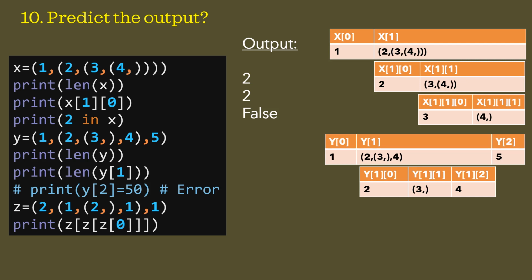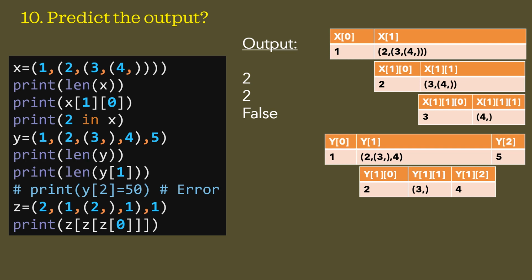So there are actually 3 elements in this tuple y. The element at index number 1 is another tuple. So y of 1 0 is having value 2, y of 1 1 is having a value 3 in the form of a tuple, and y of 1 2 is a value 4. This is the indexing structure of the tuple y.